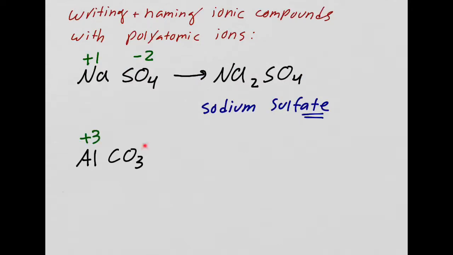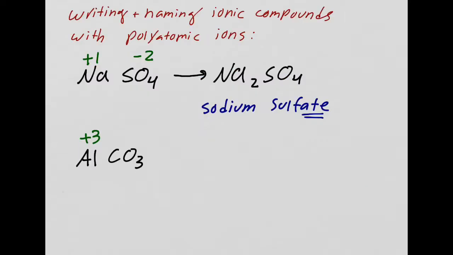And I'm hoping you go, oh, CO3, that is a polyatomic ion, right? I'm going to go to my polyatomic ion chart. Again, you can have this in front of you right now. What is CO3? CO3 -2 is carbonate. So have this chart in front of you all the time. So this is carbonate with a -2 charge.